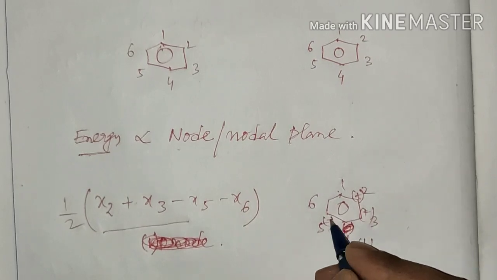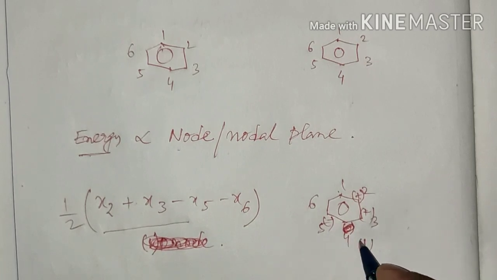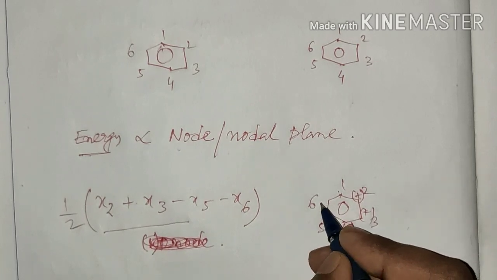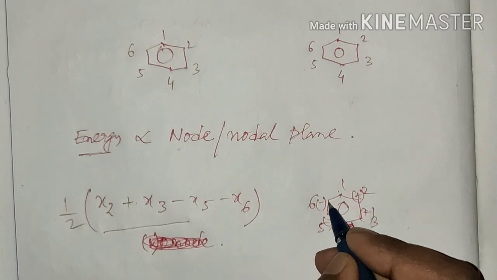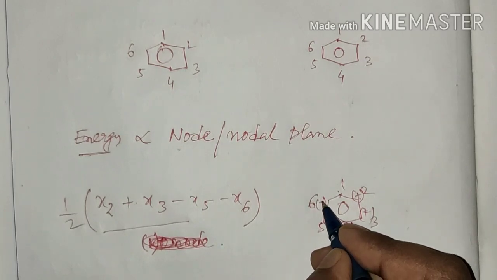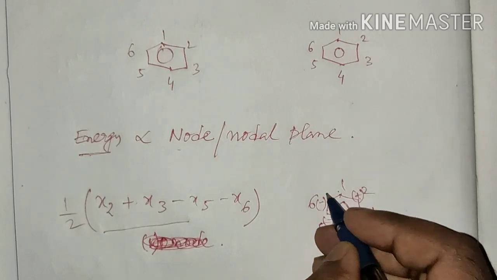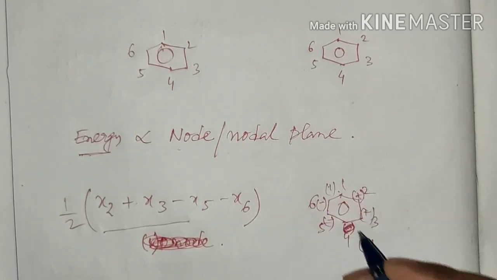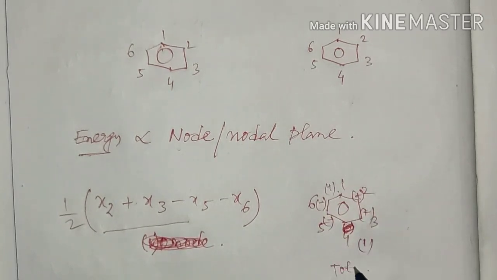From psi 3 to psi 5 it is changing its sign, that is one node. From psi 5 to psi 6 it is minus, and again from psi 6 to psi 2 it is changing its sign, so there is one node. That is in total two nodes.